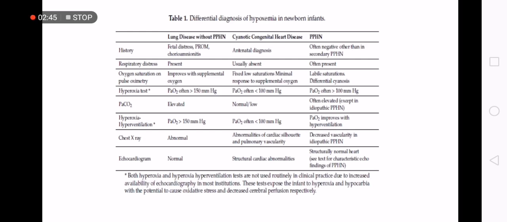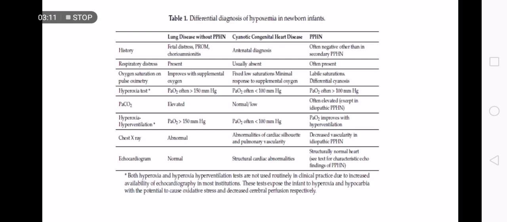From the history, with lung disease without pulmonary hypertension, we have fetal distress, premature rupture of membranes, chorioamnionitis, or any sign of infection, maternal infection. Respiratory distress is present with cases of lung disease. The oxygen saturation on pulse oximetry improves with supplementation of oxygen.